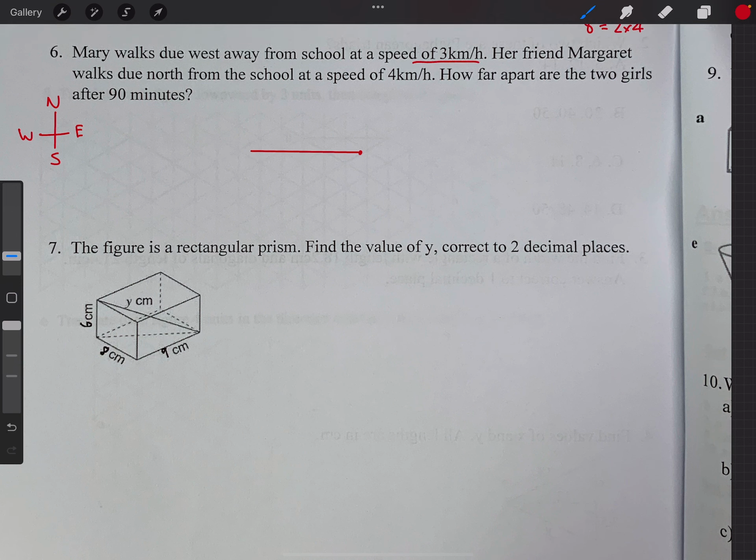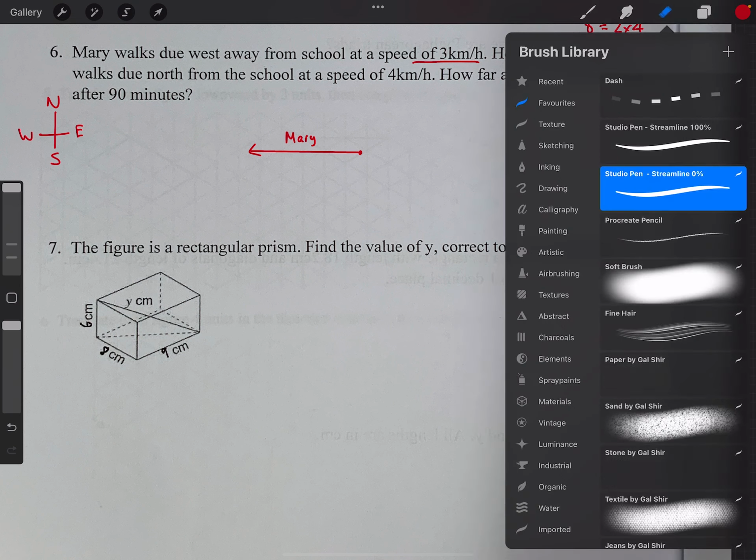Her friend Margaret, so this is Mary, walks due north. Oh, due north, okay. Let me move this down.